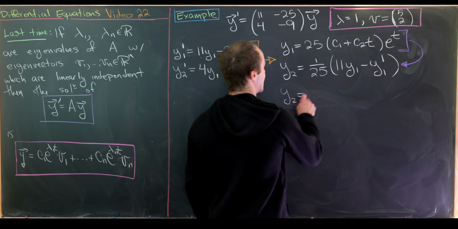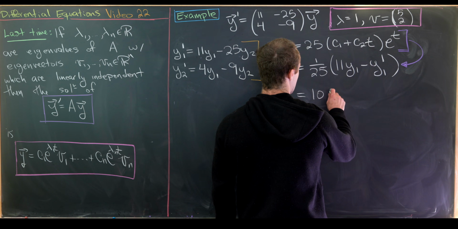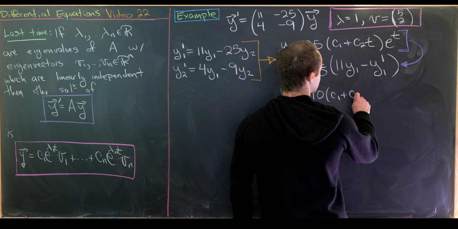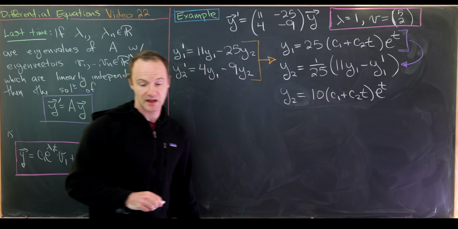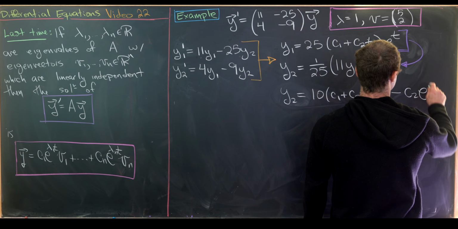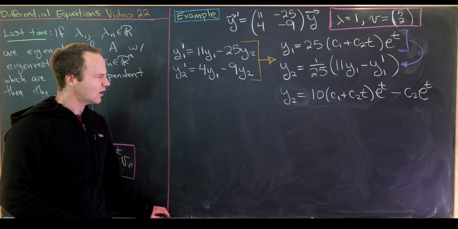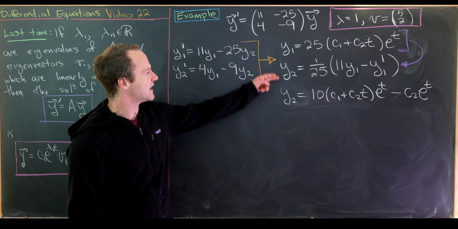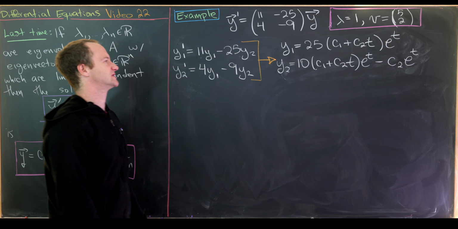You'll end up with y2 is equal to 10 times c1 plus c2t times e to the t, and then minus c2 times e to the t. So we end up with something like that. Okay, now let's actually move that up here so we've got plenty of room to finish it off. So now we're ready to finish this thing off.